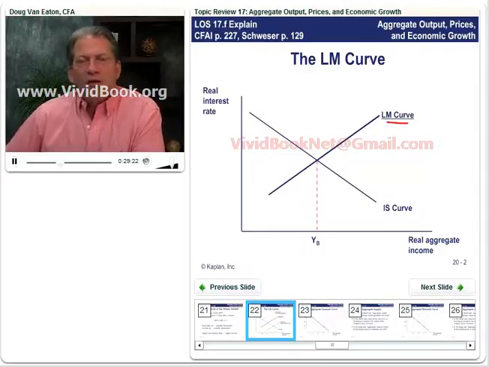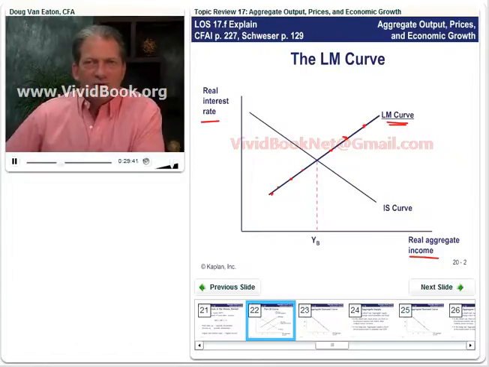So now we got with that relationship, we said, well, incomes have to go up at higher interest rates in order to preserve equilibrium in the money market. So these are all equilibrium points in the money market, for different real interest rates. So since the LM curve slopes up and the IS curve slopes down, we get an equilibrium here.